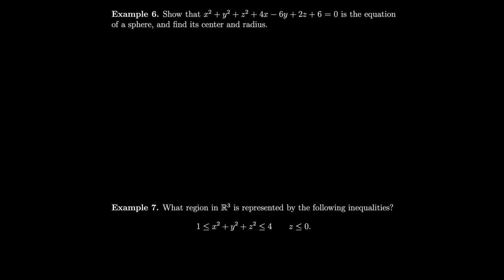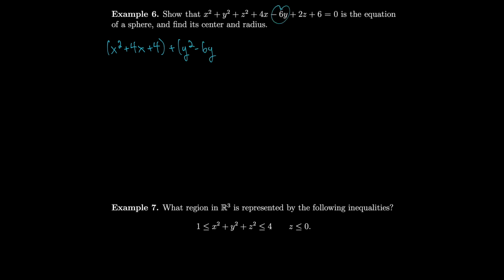Similar to in two coordinates, you just complete the square. So we just have x squared plus 4x. So we'll add another 4 to that to complete the square, and we'll remember to add that on the other side of the equation also. And then we've got y squared minus 6y.